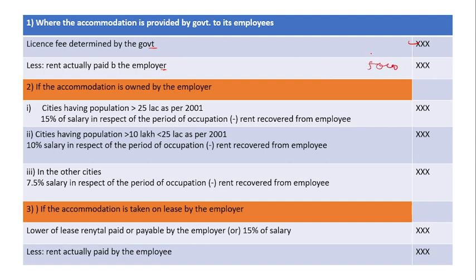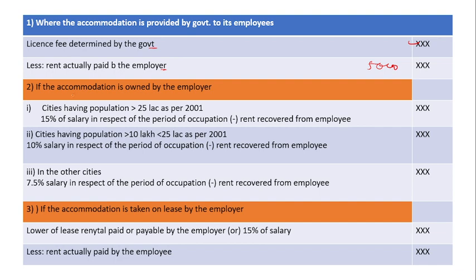We don't know the government license fee in this particular question, but this is a general format. If other questions come in your examination, you have to know about this format.